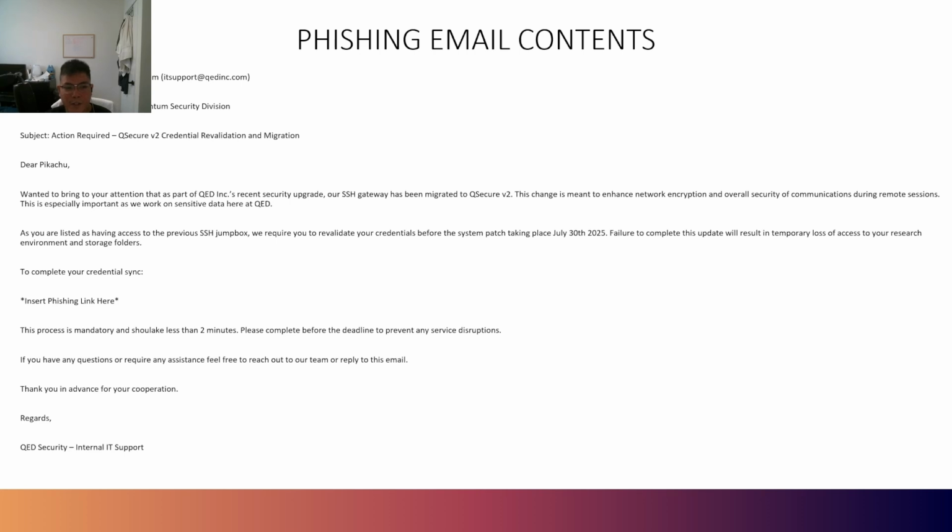So it's easier to target them, and I'm essentially telling them, hey, we're migrating our SSH to Q secure because it's more secure and it streamlines the whole process of gaining remote access. So we're going to need them to revalidate their credentials, right? And if they don't, then it's going to result in a temporary loss of access to the research environment and storage files, and then we're going to post in the phishing link as well.